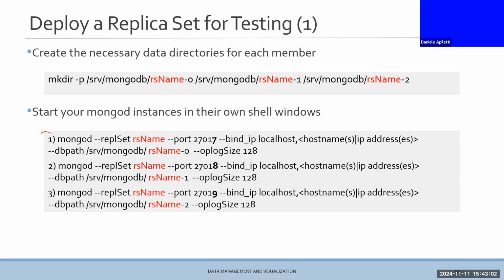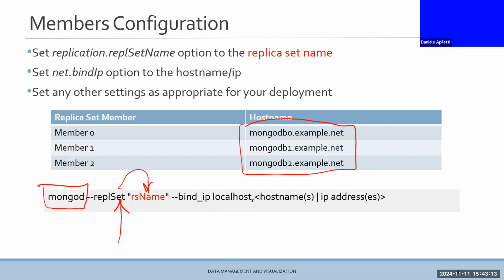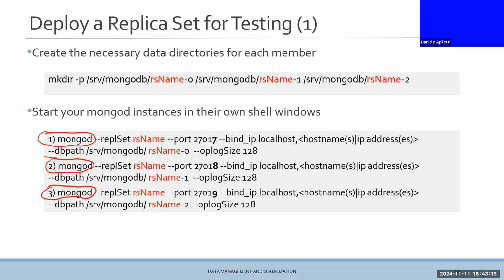So these are 3 instances, 3 different processes of MongoDB. By chance, they've been launched on the same machine. We don't care. They could be on different machines, like here, they were on MongoDB 0, MongoDB 1, MongoDB 2. I'm just launching them on localhost now. They belong to the same replica set. They are bound to different ports, port numbers, of course.